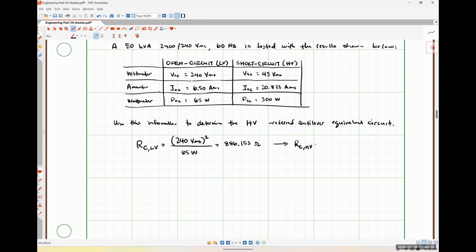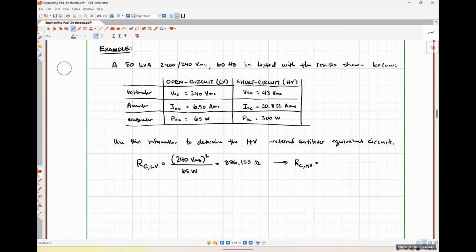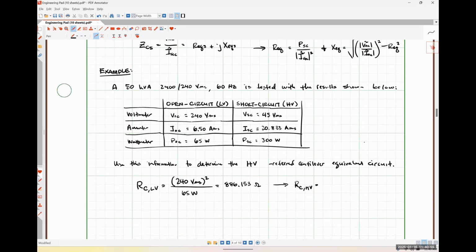How would I get this referred over to the high voltage side? No, you divide. Yeah, low voltage, I think you're right. Divide by A. Let's figure it out real quick, all right? So A, we really need to figure out which one we're treating as the primary and which one we're treating as the secondary.